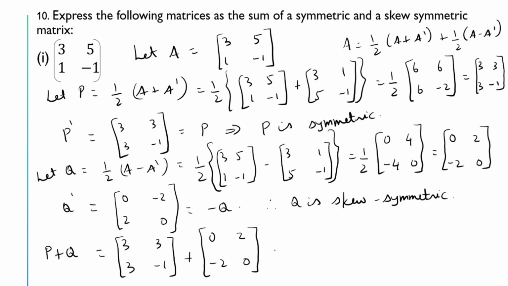So when we add these two matrices, we get 3, 5, 1, minus 1, which is the given matrix. This is equal to A. So we can express A as the sum of these two matrices.